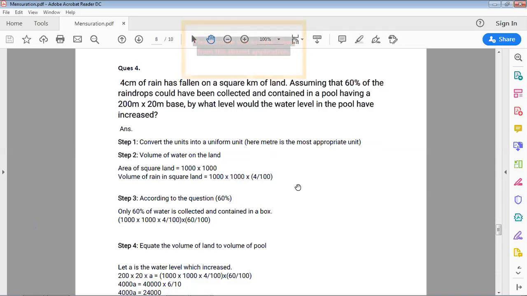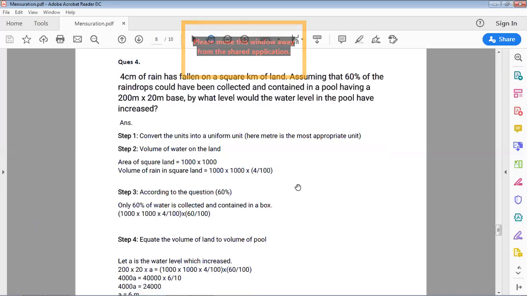And the third step, you should read what the question is asking. The question said that 60% of the raindrops could have been collected, only 60%. So we have to calculate only 60% of the volume. Only 60% of the water is collected and contained in a pool, so we multiply by 60 by 100. This was the third step.